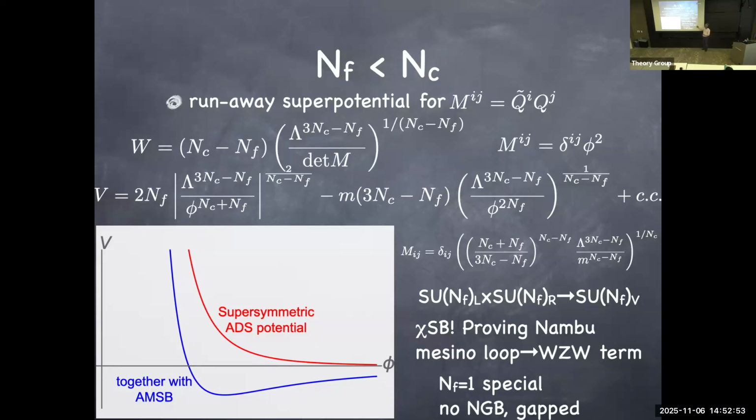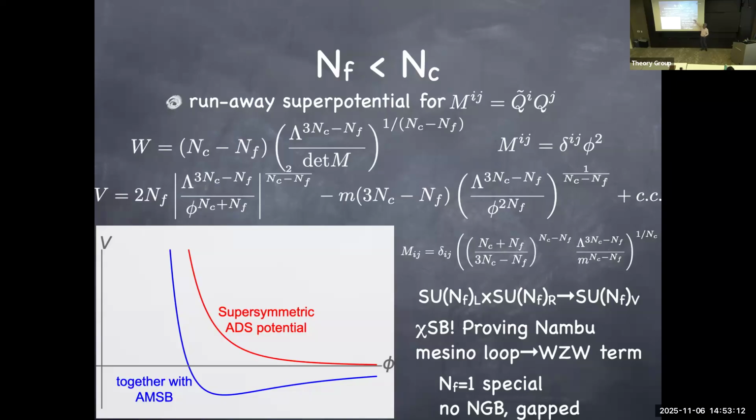You can also ask the question, what happens when the number of flavors is 1? The U(1) flavor symmetry is anomalous, and therefore the corresponding Goldstone boson becomes massive. That's the way we want to understand the U(1) problem I talked about at the very beginning.